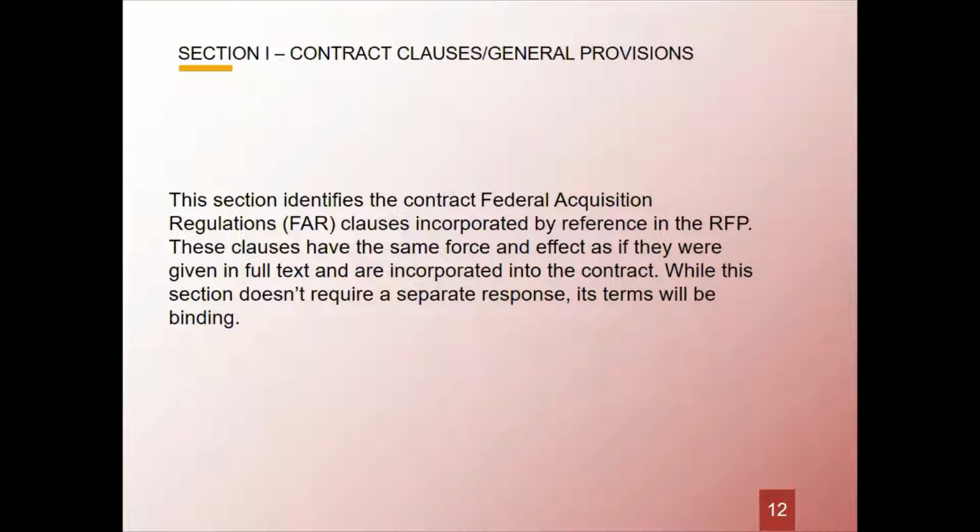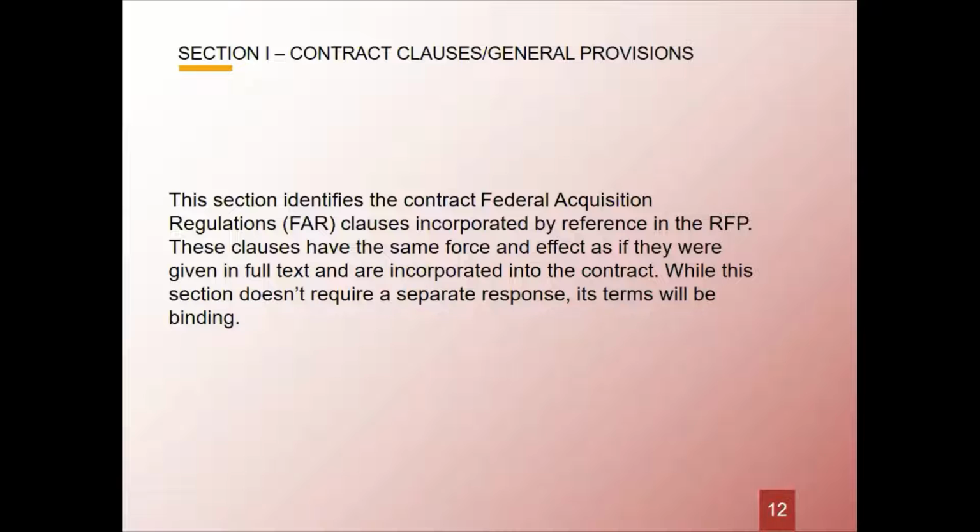You will find some solicitations have two or three pages of just FAR regulations, which can go into great detail. Some of those clauses are spelled out in the solicitation for you. Others, you will have to actually go online to the regulations and the FAR themselves to see what the meaning of these clauses are.